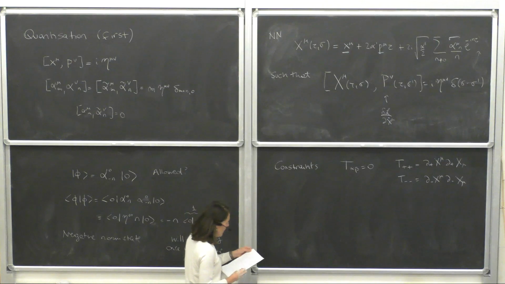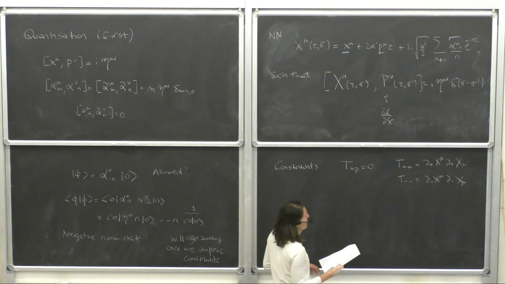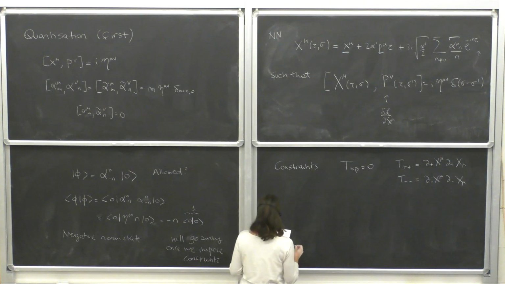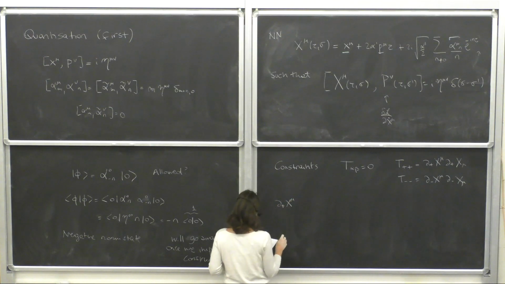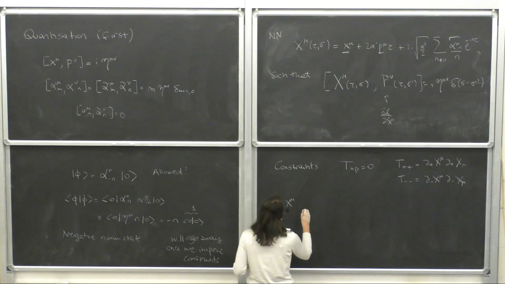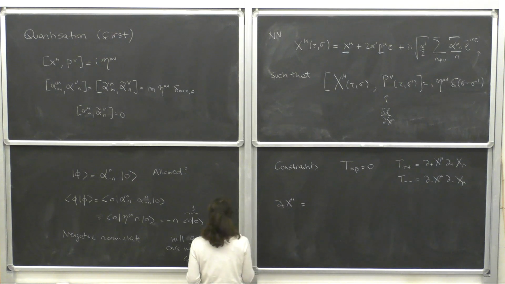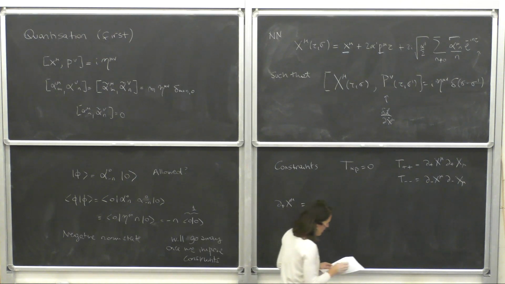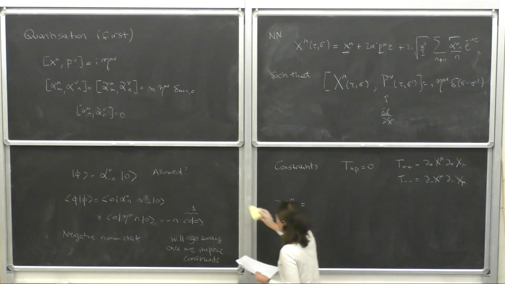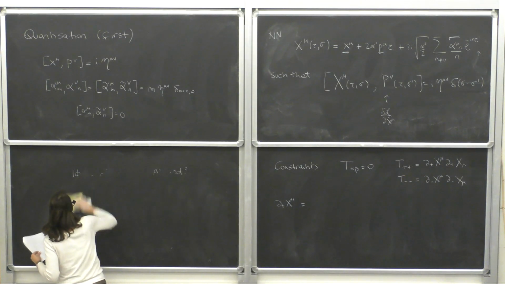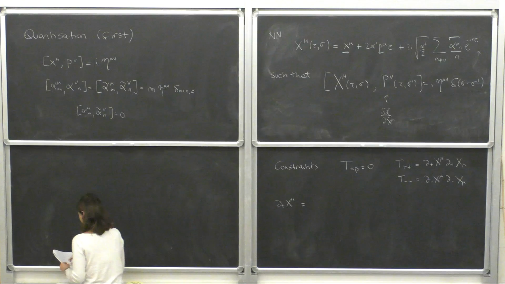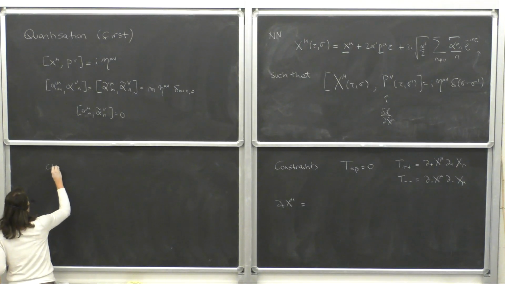So let's see how this looks. Let's take d plus X mu. I erased the solution, so let me write the solution for the closed string.